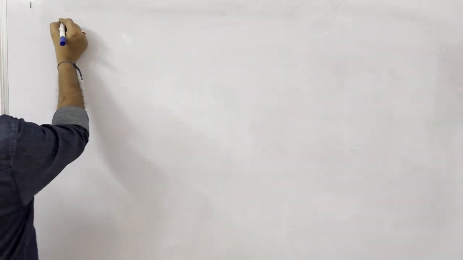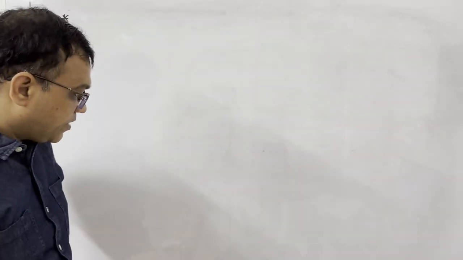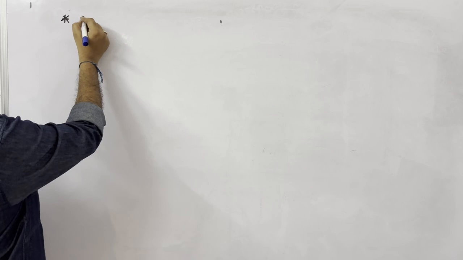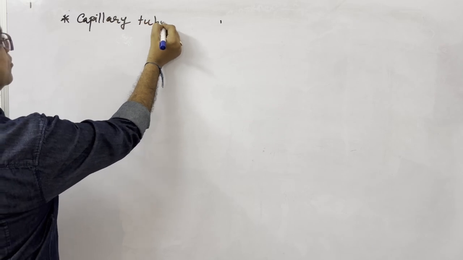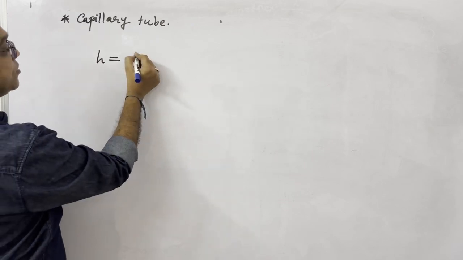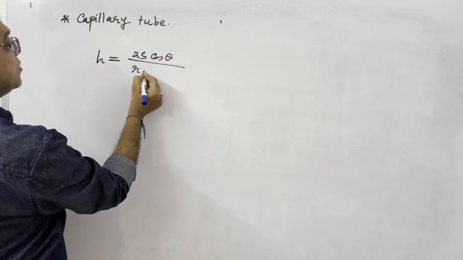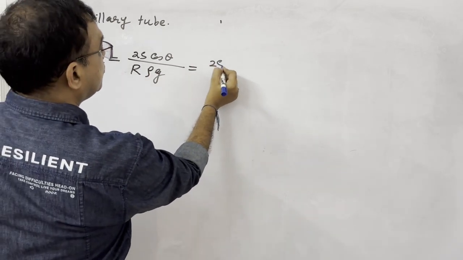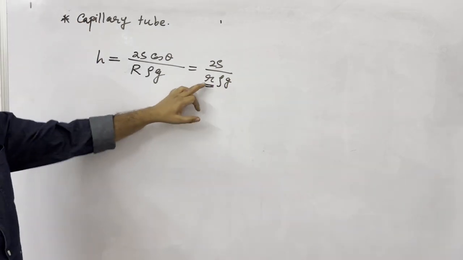Now the next one, you take this thing. Let us consider a capillary tube in which liquid has to rise up to a height of 2S cos theta upon r rho g, or I can say 2S upon rho R g, where R is the radius of meniscus here.